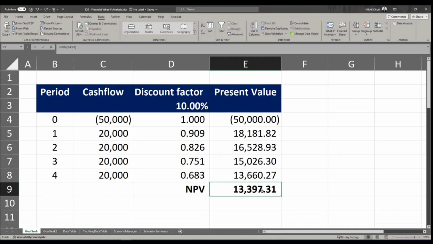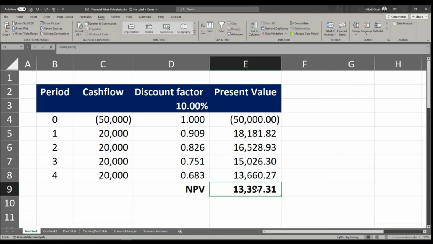Currently, if I keep everything the same for 4 periods, at the starting point, time 0, I'm putting in $50,000, and every year I'm getting a positive cash flow of $20,000. And based on the discount factor and all those internal and external factors, inflation, deflation, depreciation charges and so on, the actual amount after 4 years is going to be 13,397 based on the calculations.